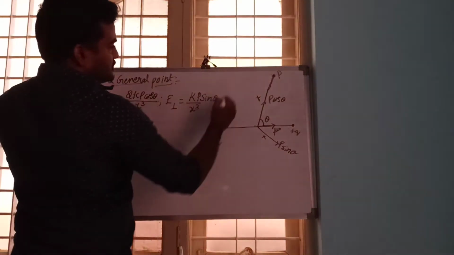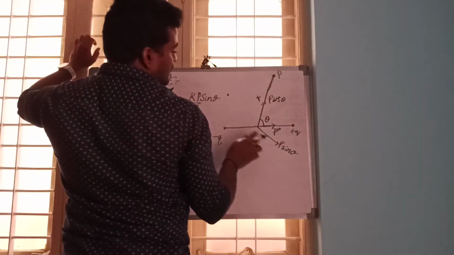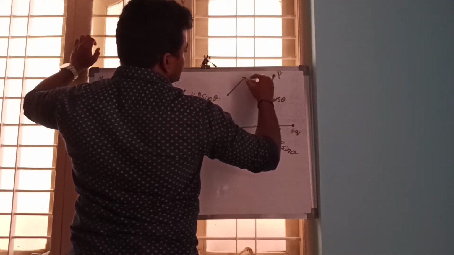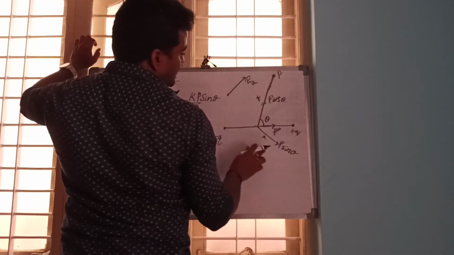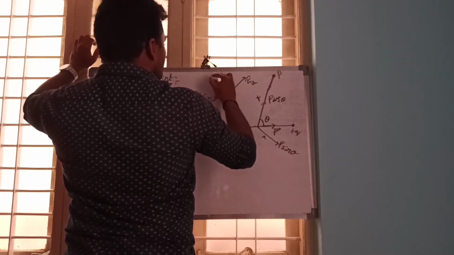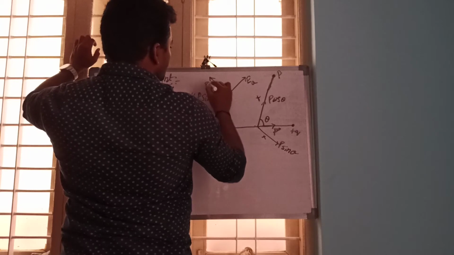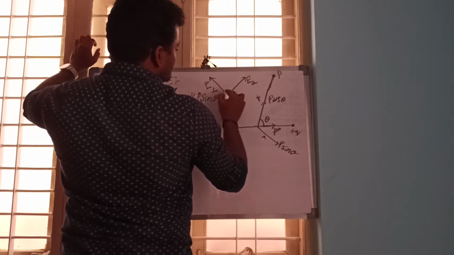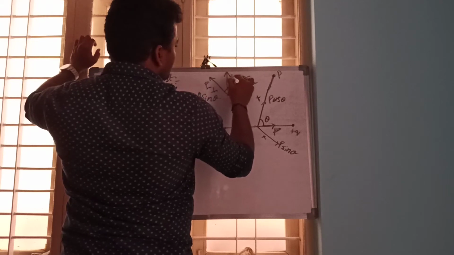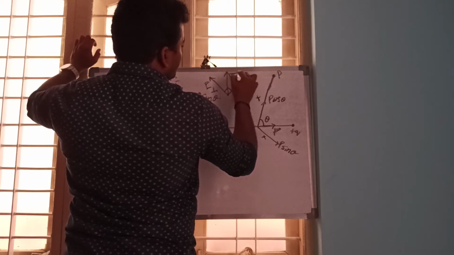So here, if you observe, this is E axial, and this one we can write as E perpendicular. Since these two are perpendicular to each other, we can find the net electric field.